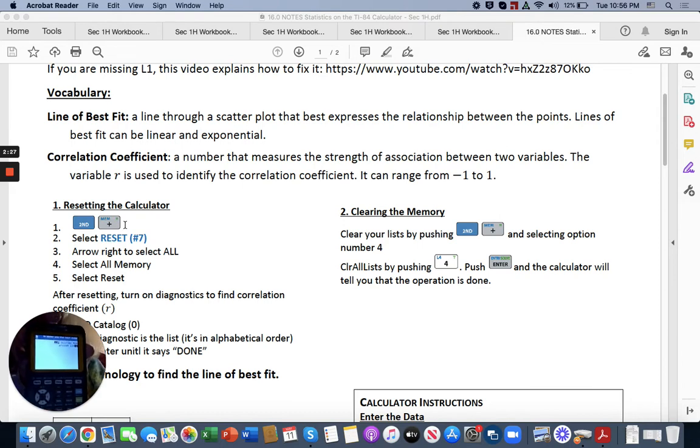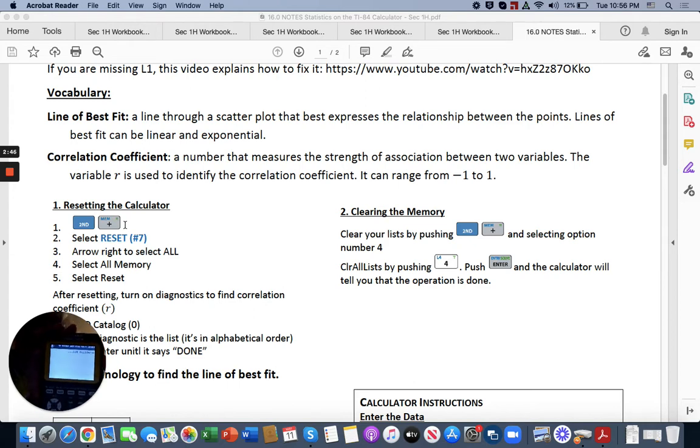Then I go down 1 and say reset, and then enter. It says it's resetting all.